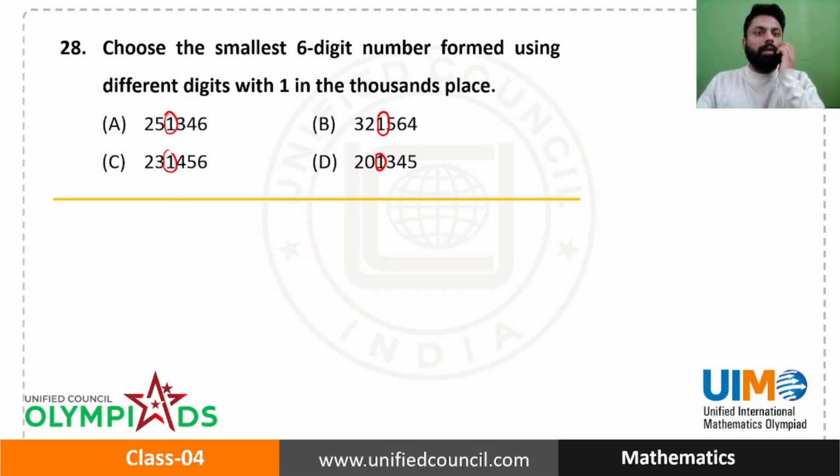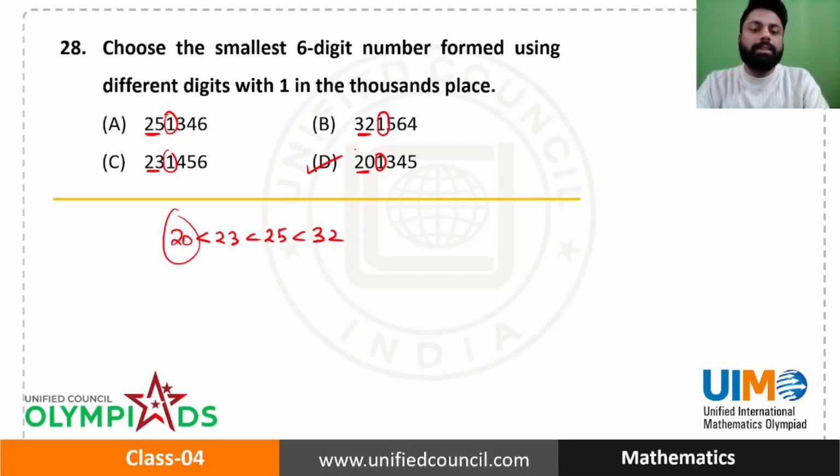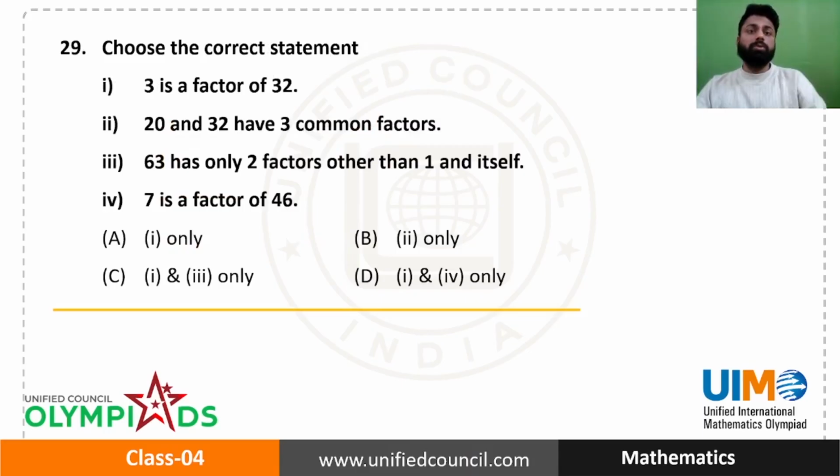Now, if we talk about 2, 3, 4, 5, 6 and 2, 0, 4, 3, 4, 5. If you look on the left hand side, 20 is the smallest, then 23, then 25, then 32. So 20 is the smallest, so this number is going to be the smallest number in all four given options.